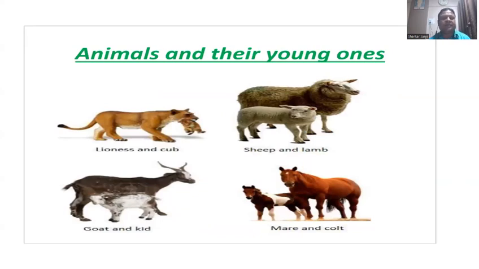See the animals and their young ones: lions and their cubs, sheep and their lambs, goat and their kids, and mare and their colts. Every individual has the capacity to produce their own offsprings which are similar to themselves.